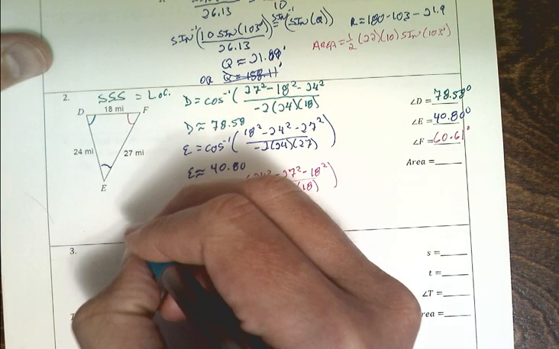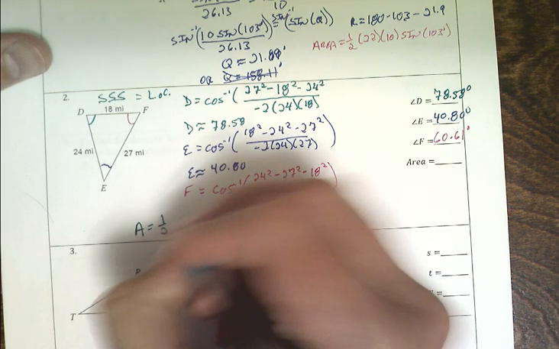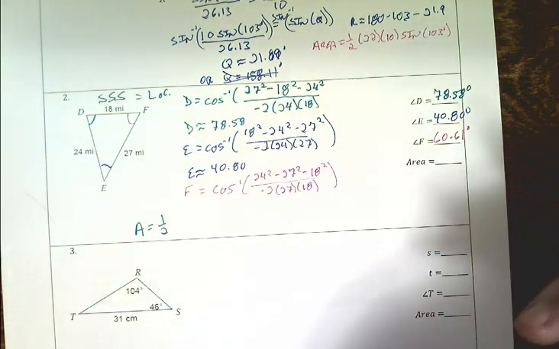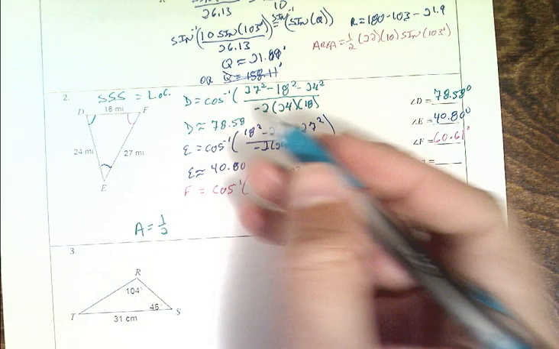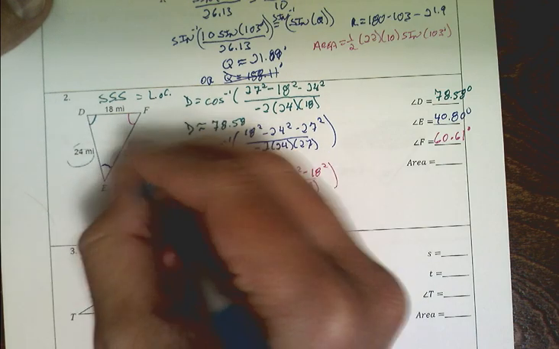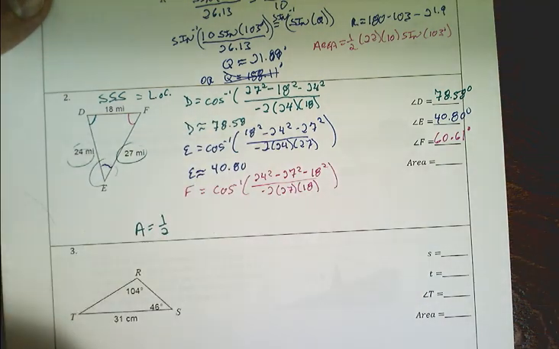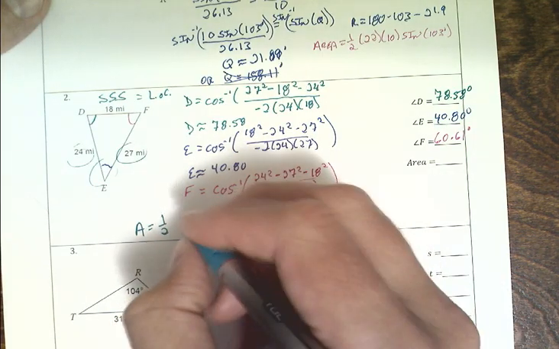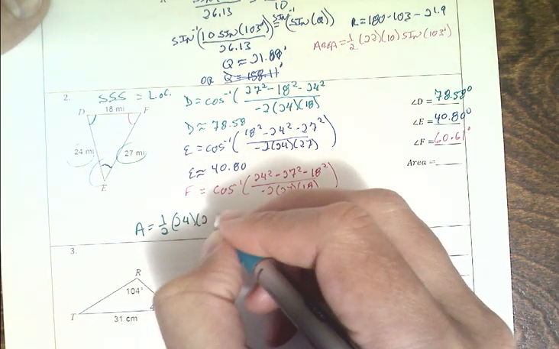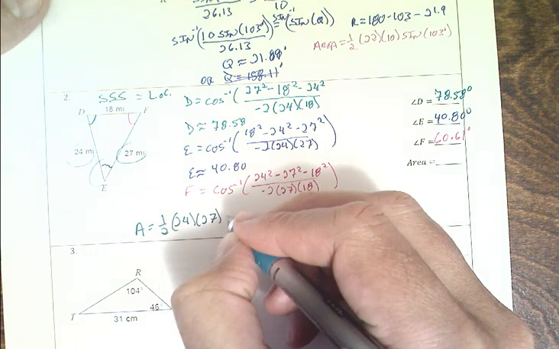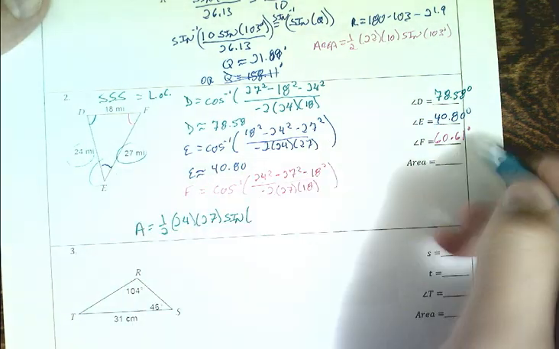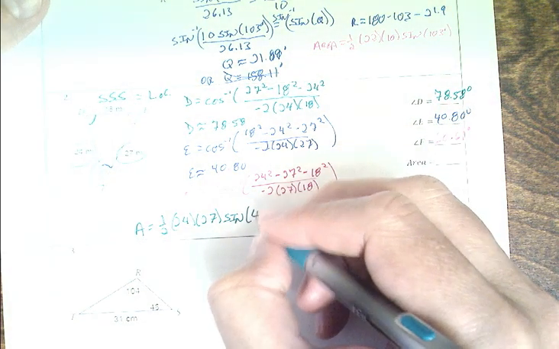For the area, we could pick any 2 sides and the angle in between. So I'm going to pick, again, doesn't really matter, 24, 27, and then we'll do angle E. 1/2 of 24 times 27 times sine of angle E, which is 40.8.